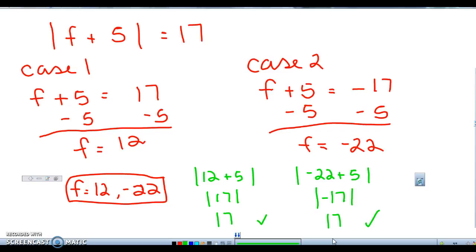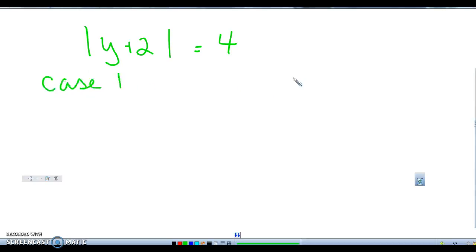I'm going to give you one to do on your own. The absolute value of y plus 2 equal to 4. So consider both cases, and then I'll show you how I worked it out. So in case 1, I say y plus 2 is equal to 4.